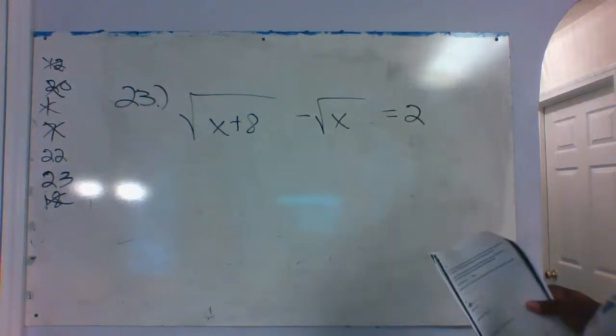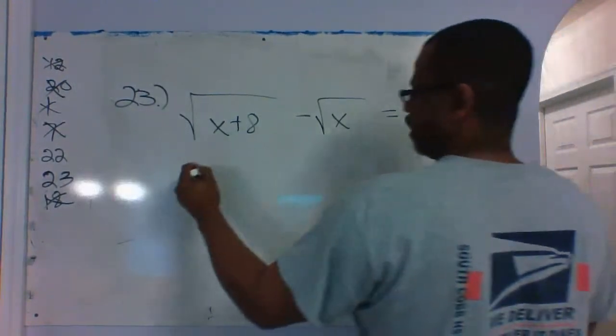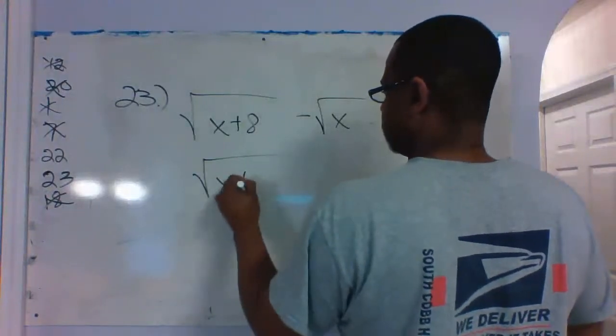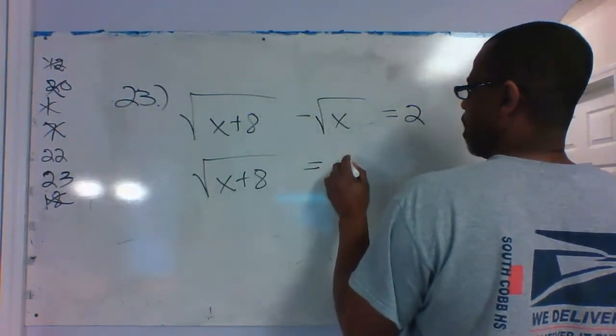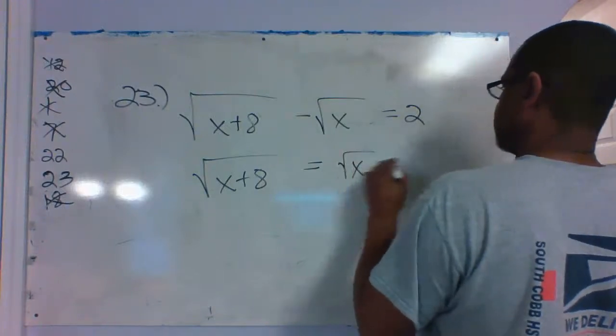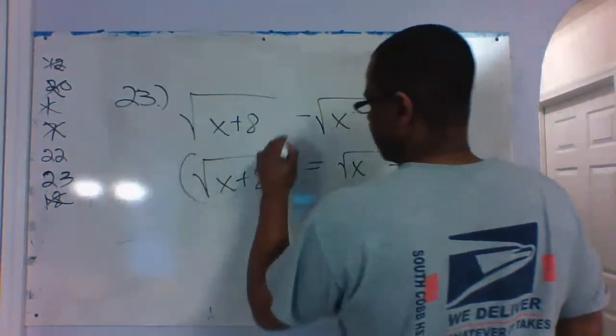All right, so what we want to do for this one, they want us to solve this. We're going to isolate this. So that's x plus 8 is equal to the square root of x plus 2. We have to square both sides.